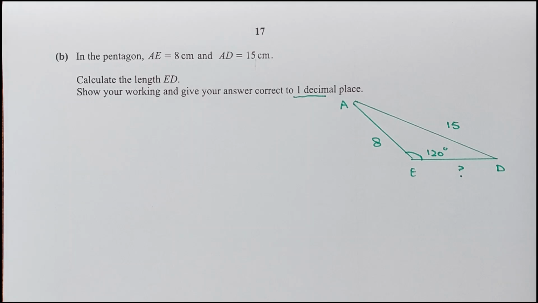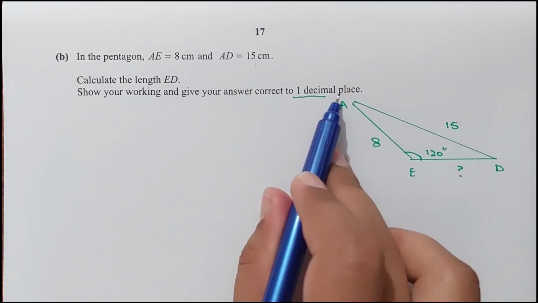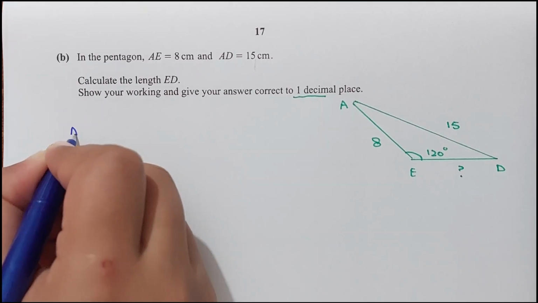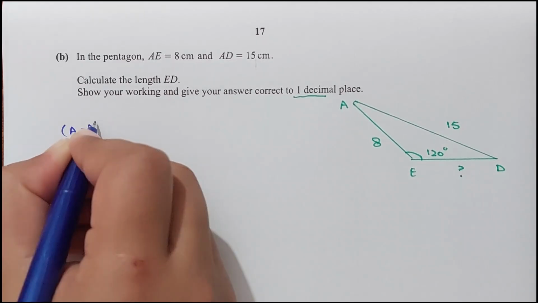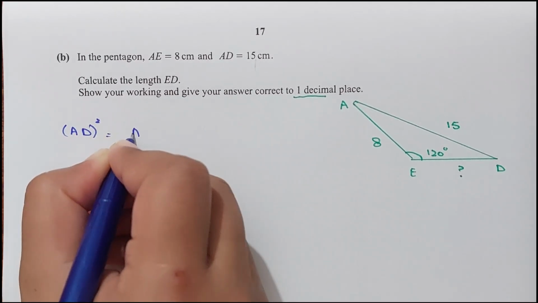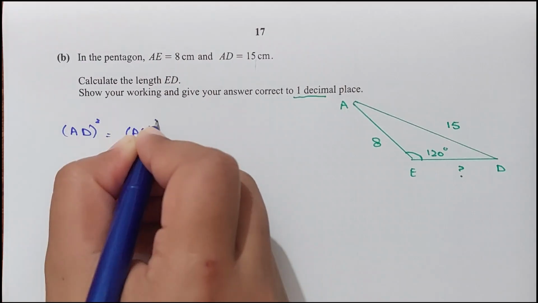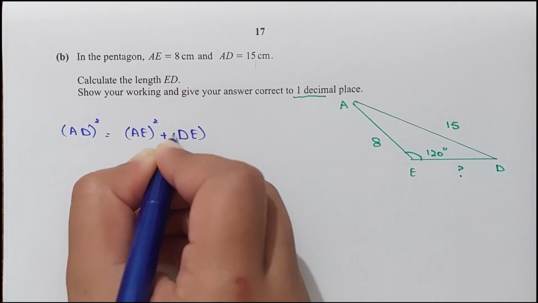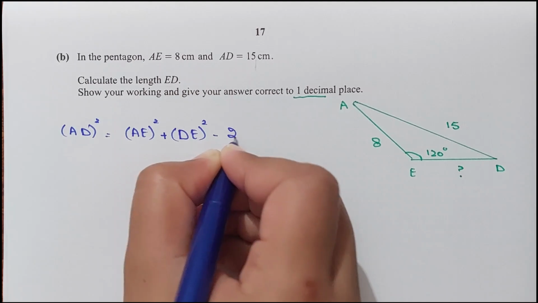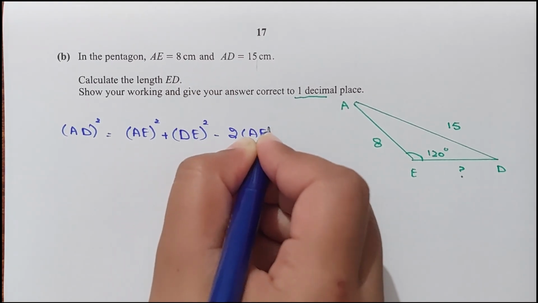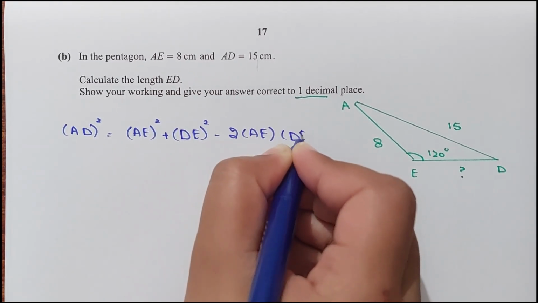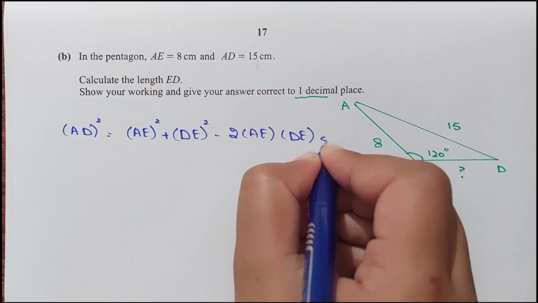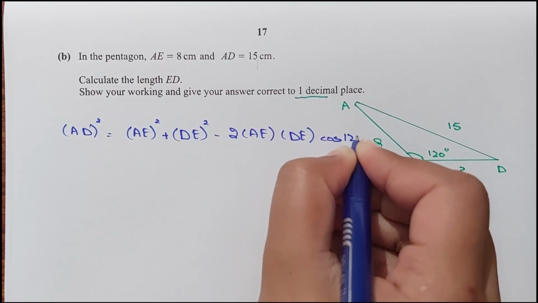Let me apply the law of cosines over here. The angle's opposite side is 15, so we can say AD squared equals AE squared plus DE squared minus 2 times AE times DE times cos of 120.